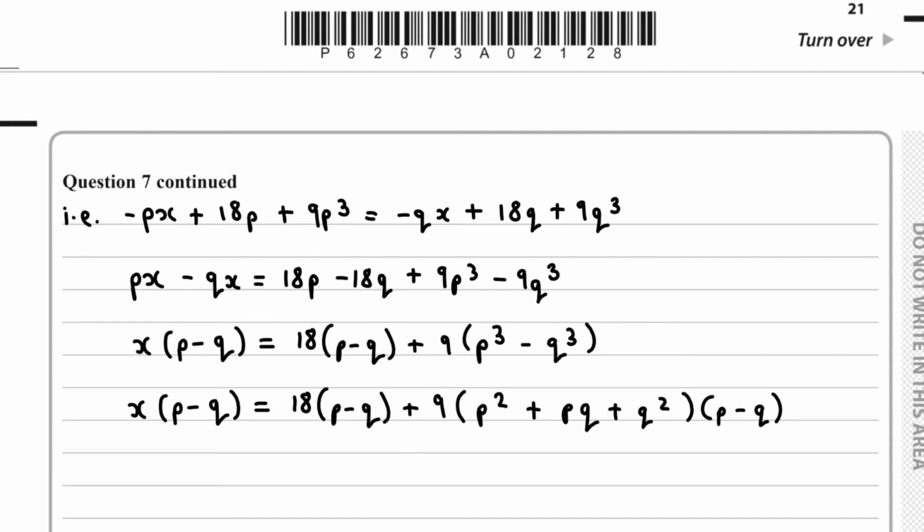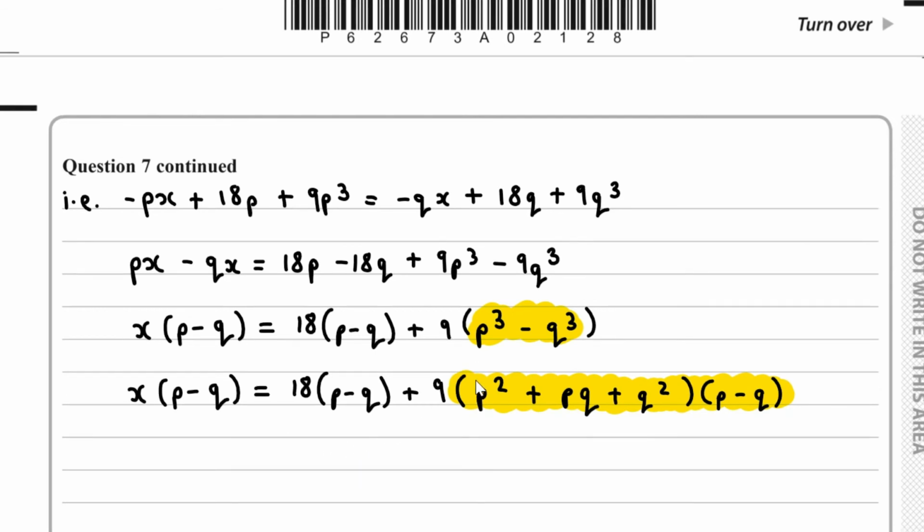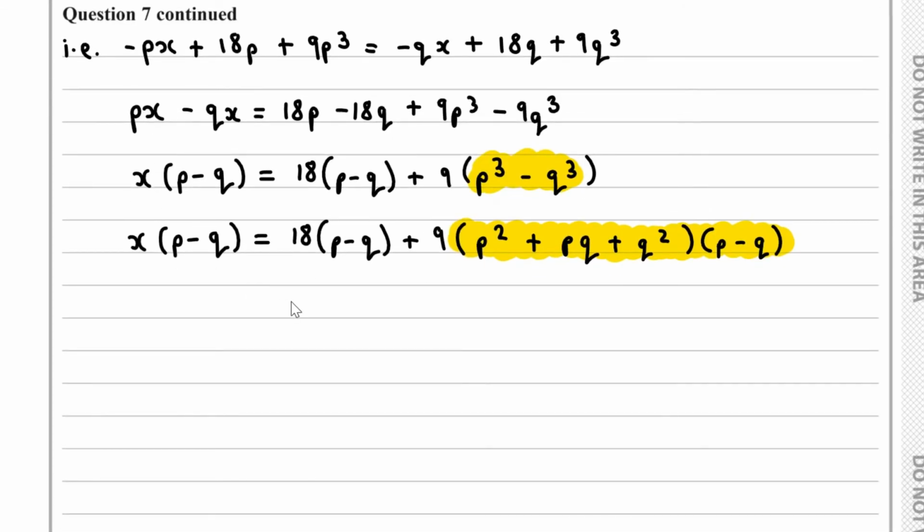And of course, over here, all we're saying is p cubed minus q cubed is p squared plus pq plus q squared lots of p minus q. So what we can now do is factorize out a p minus q from every term.